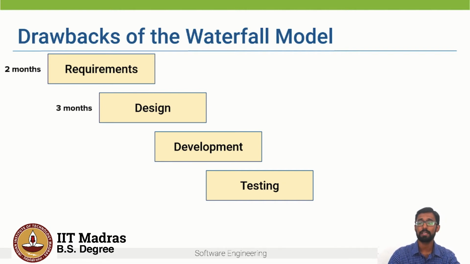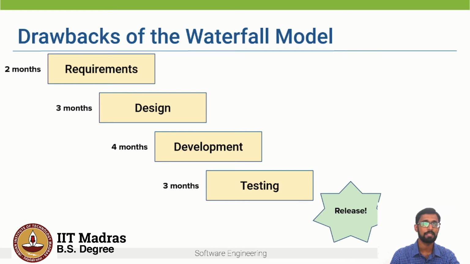Then we start writing code for this design. That takes around 4 months. And we test and fix bugs, which takes another 3 months. So from the time of gathering requirements till the testing phase and finally the release, it takes around 12 months. It takes 1 year to develop the entire system, and we release it to the clients.